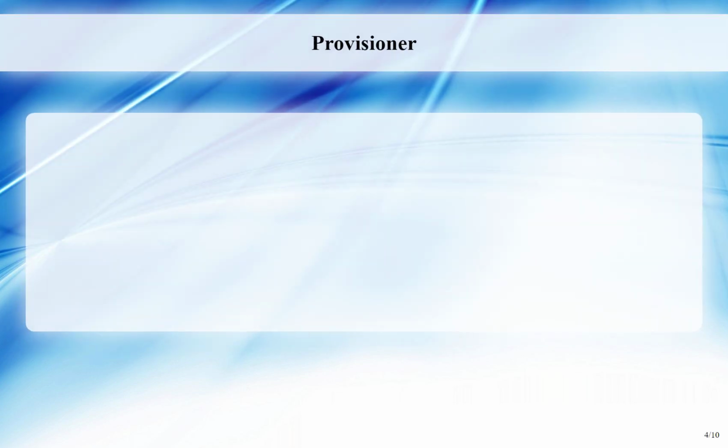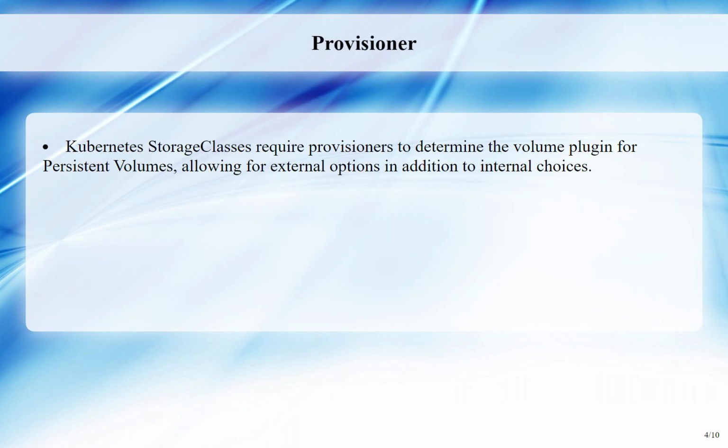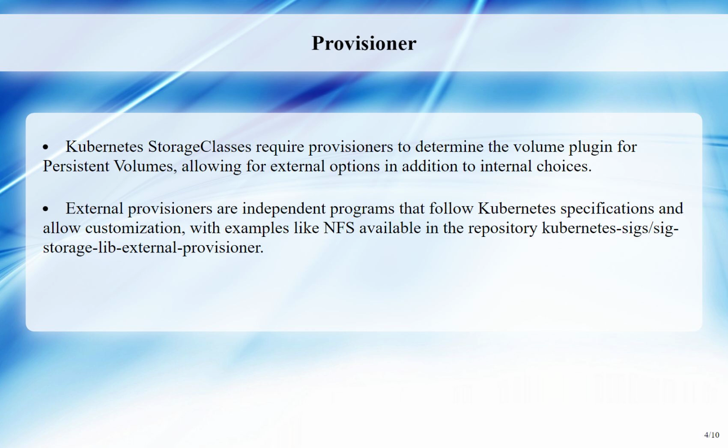Provisioner. Each storage class in Kubernetes has a provisioner that determines the volume plugin used for provisioning persistent volumes, PVs. It is necessary to specify this field, but you can choose an external provisioner in addition to the internal ones provided. External provisioners are independent programs that follow Kubernetes specifications and allow for more customization.